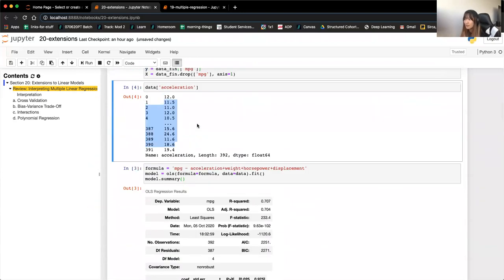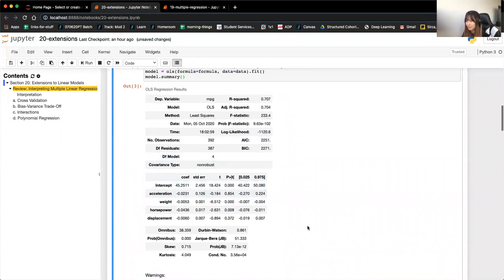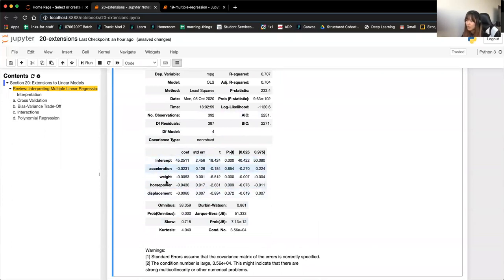A 1 unit increase in acceleration leads to a 0.02 decrease in miles per gallon.